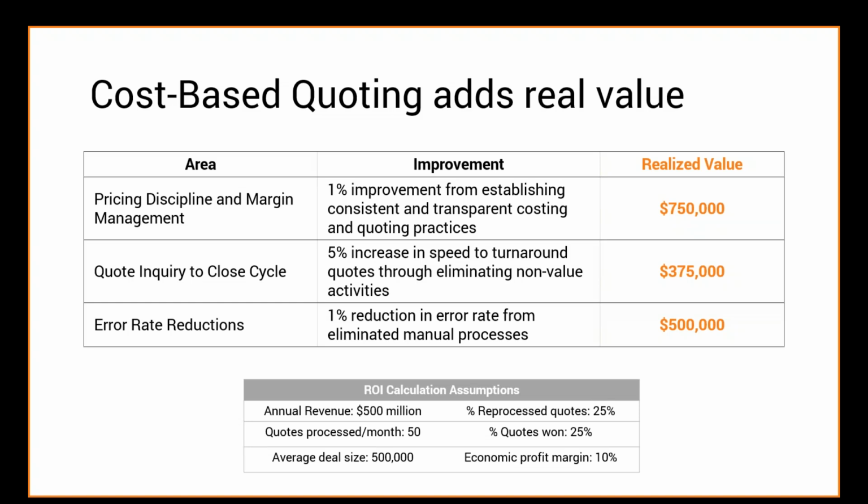And usually that leads to increased margin results. Right? What we have seen is that usually over the first year of implementing a cost-based quoting application, we see a 1% improvement from establishing this pricing discipline. Right?